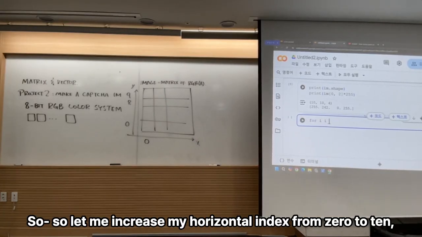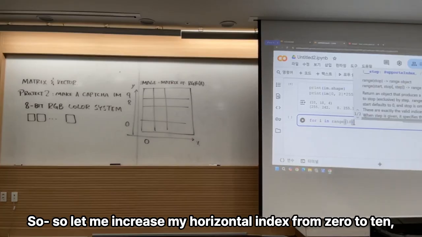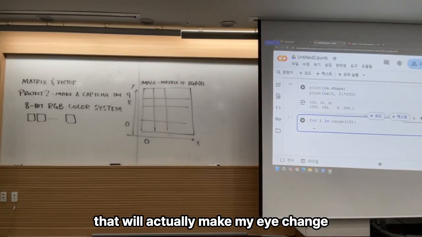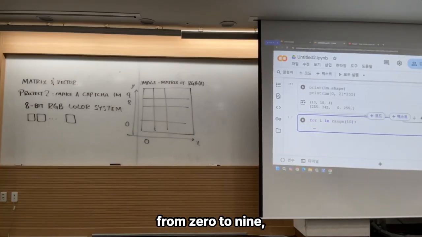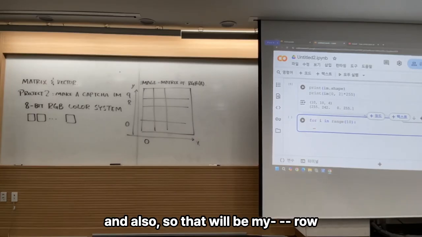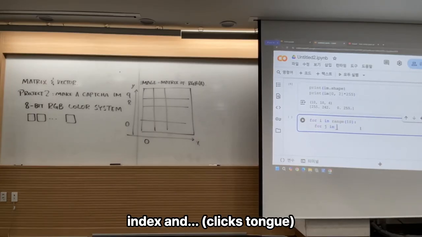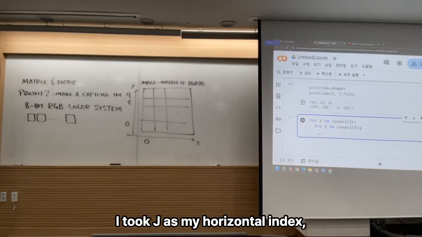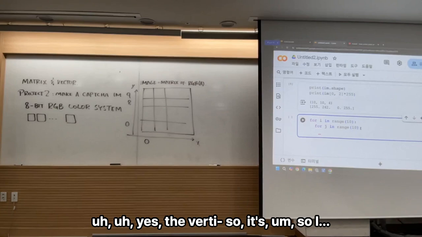So let me increase my horizontal index from 0 to 10. That will actually make my I change from 0 to 9, and that will be my row index. And let's say I took J as my horizontal index. Yes, the vertical.